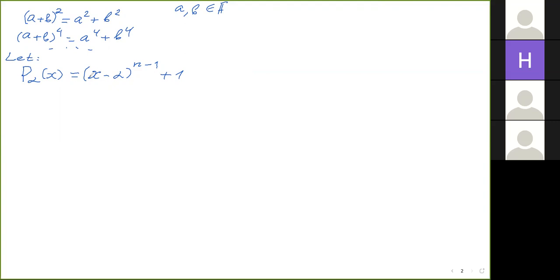Trivially, if we plug alpha for x, we obtain 0 plus 1, that is, alpha minus alpha to the n minus 1, plus 1, which is 1. If we plug in anything else, some beta different from alpha, we will obtain beta minus alpha to the n minus 1, plus 1. And beta minus alpha is non-zero.